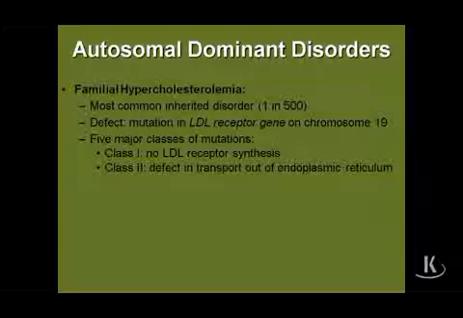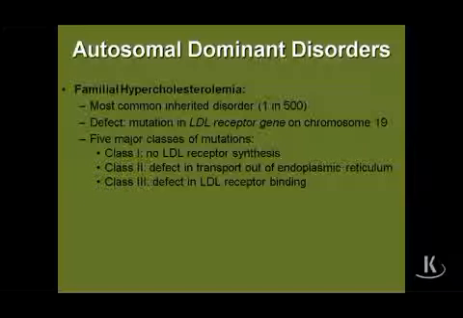Class 2, you have to transport the receptor out of the endoplasmic reticulum because that's where you synthesize it, and then transport it through the Golgi apparatus to be expressed on the surface of the cells. And then there's class 3 where you have a defect of the LDL receptor binding to LDL, therefore leading to hypercholesterolemia, and that by far is one of the most common that one sees.